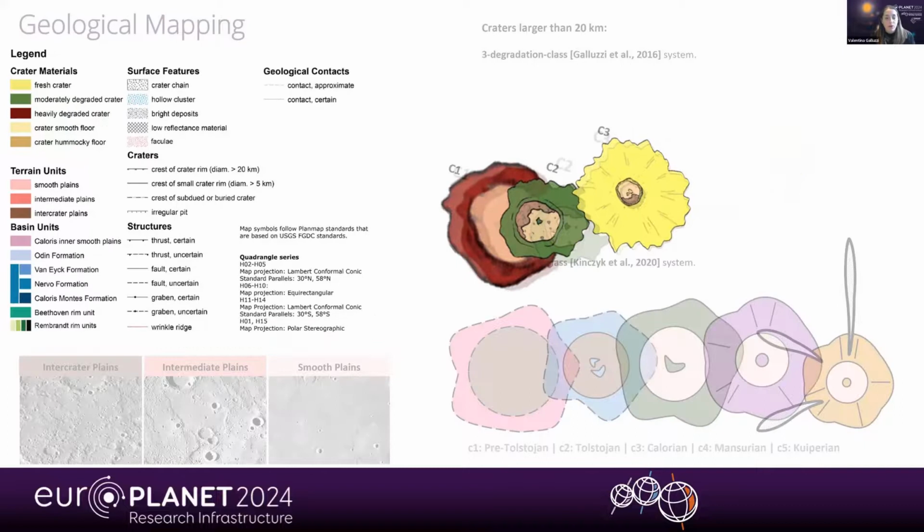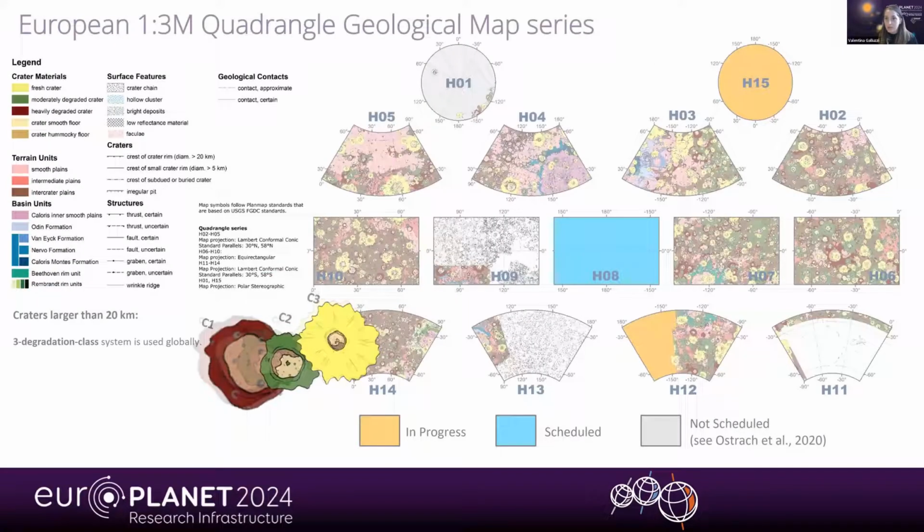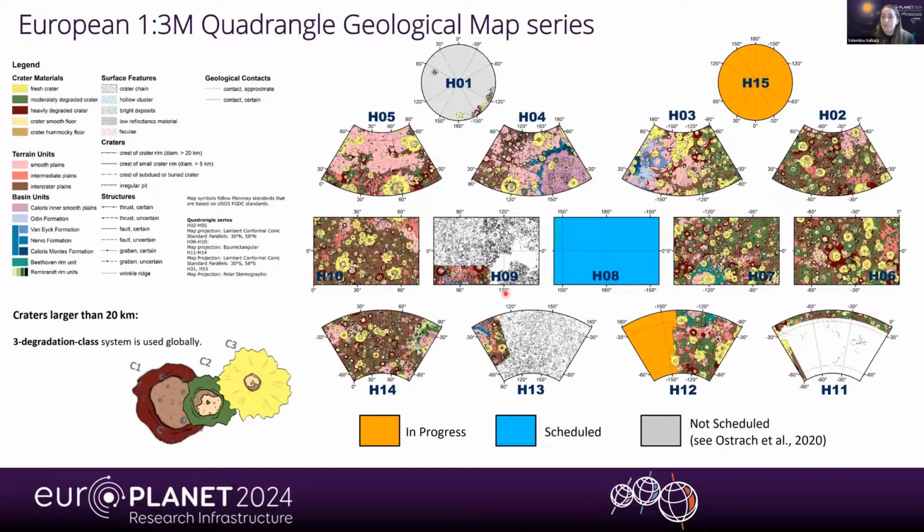In our mapping projects in Europe to prepare for the BepiColombo mission, we decided to follow a mapping style more similar to the Mariner 10 maps that were done in the 70s.